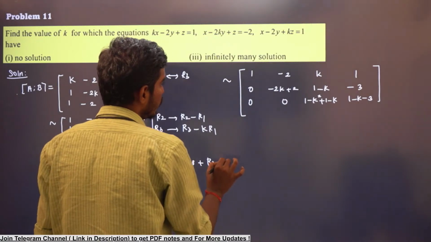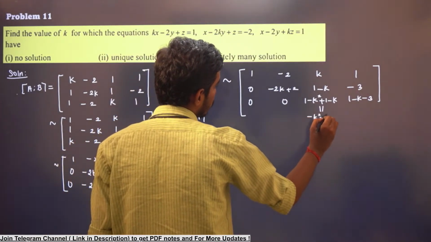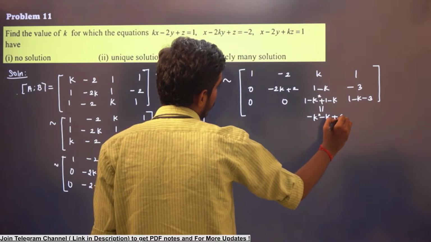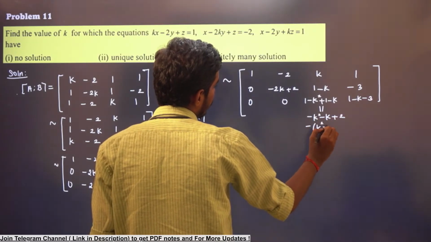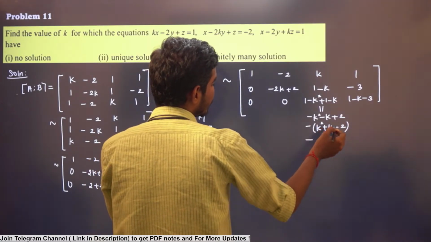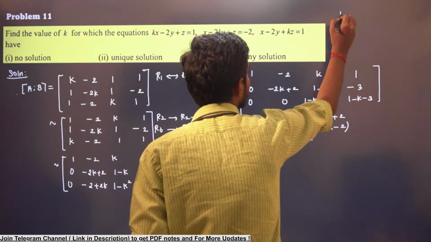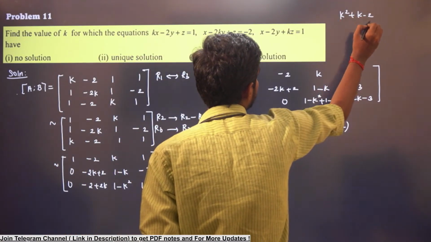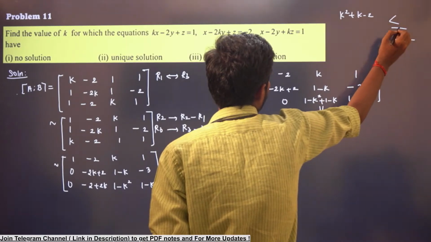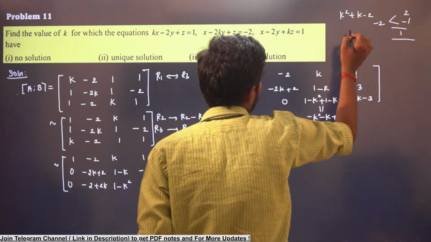Simplify this. When you simplify this term, you will have minus k square minus k plus 2. If I take the minus outside, you will have k square plus k minus 2. Factorize this. The sum is 1 and the product is minus 2, so the numbers are 2 and minus 1.